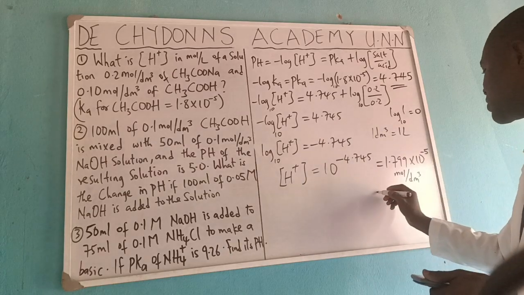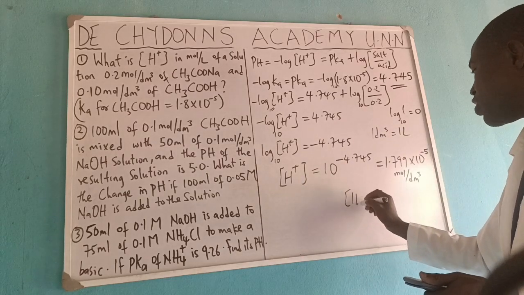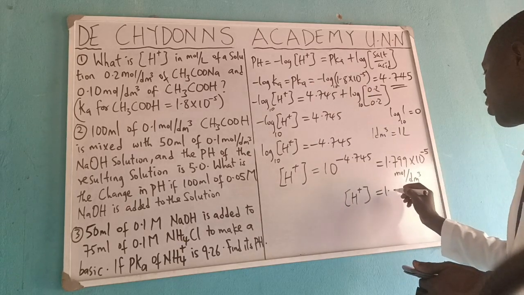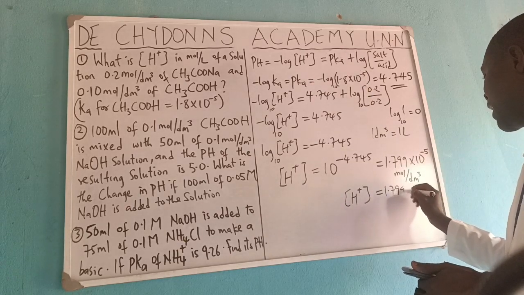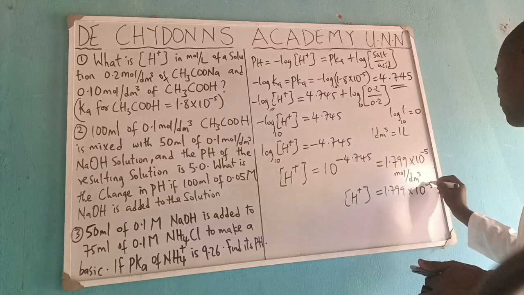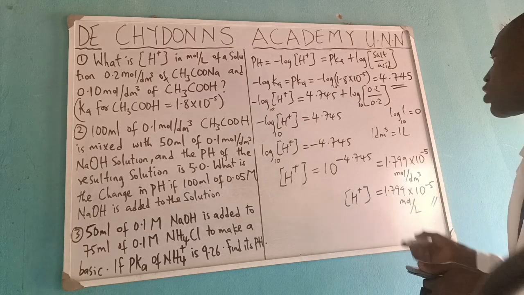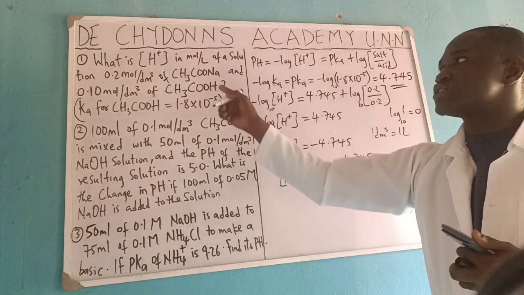So that means our hydrogen ion concentration in mole per liter will be equal to 1.799 times 10 raised to power minus 5 mole per liter. That becomes your answer to question number 1.